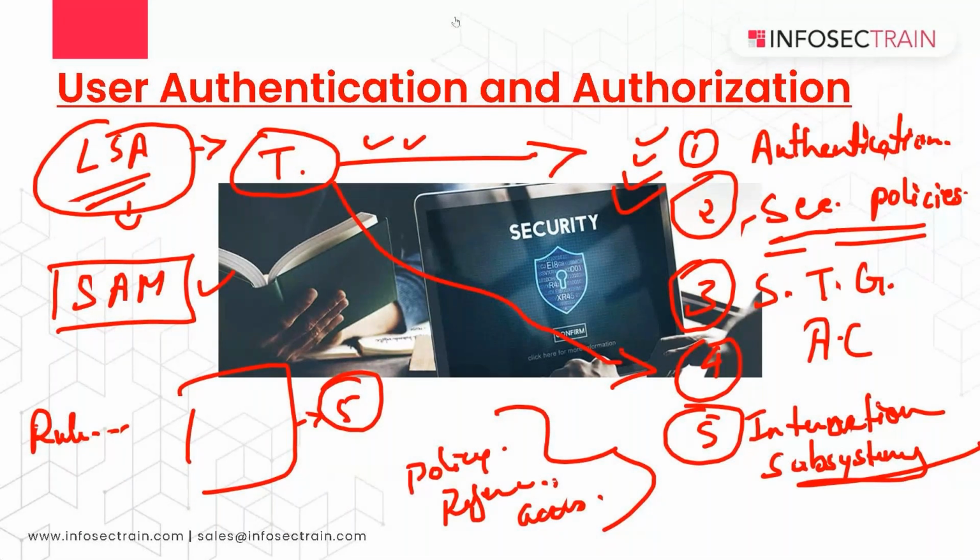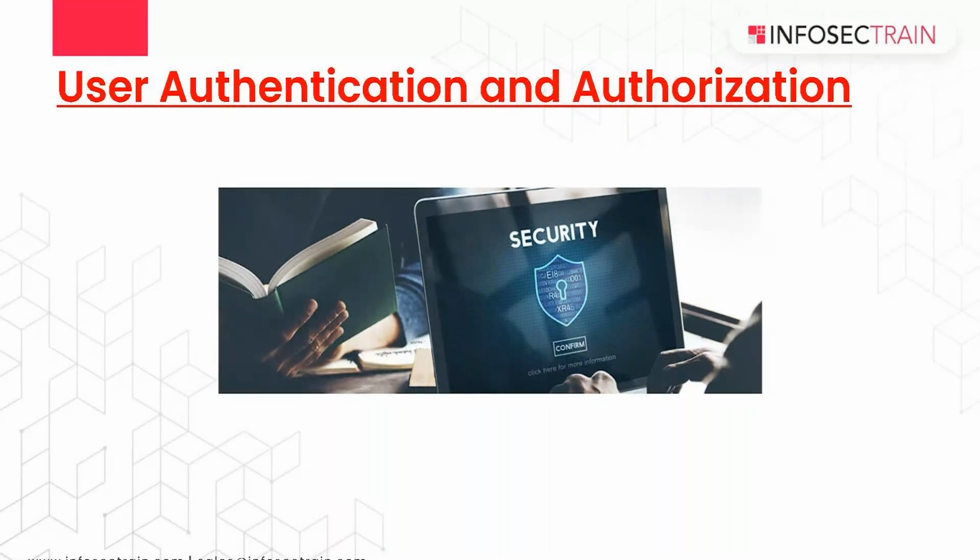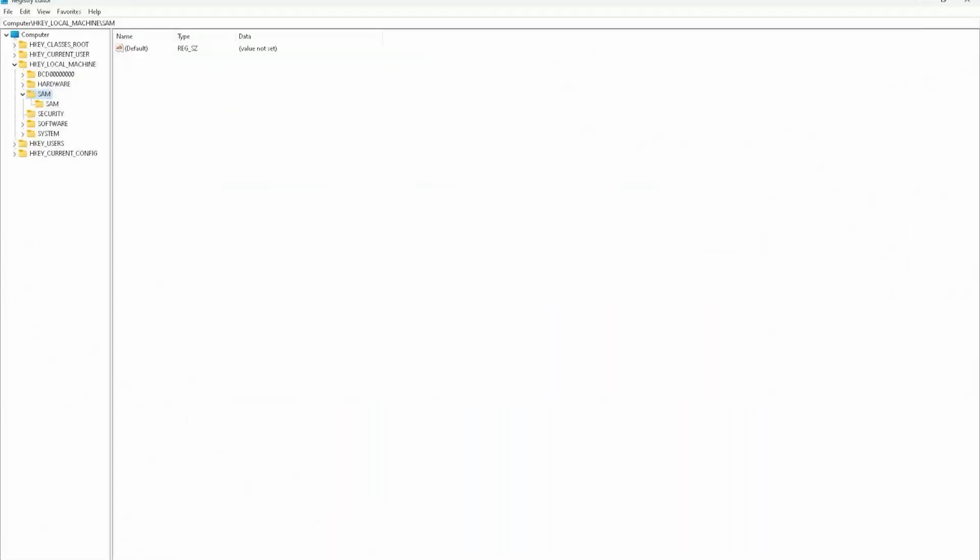So if you want to enable this LSA inside your system, what you can do is open your registry editor. Let me show you. Here we have our registry editor, so you can open it.